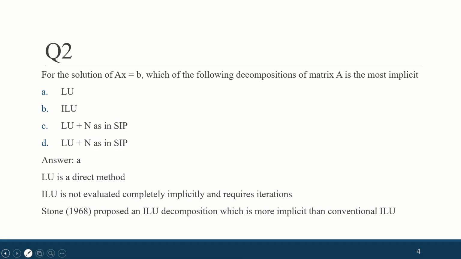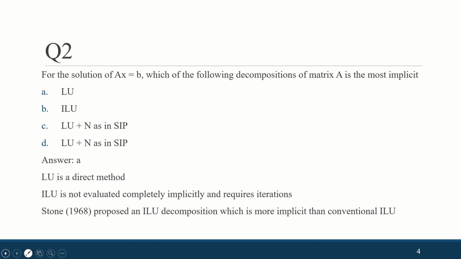Previously it was also about the Gauss elimination technique, if you could remember, and Gauss-Seidel and the successive over relaxation method, followed by the Strongly Implicit Procedure. SIP is for Strongly Implicit Procedure. I remember I have said somewhere as Stone's incomplete procedure. That one is wrong. It is Strongly Implicit Procedure.